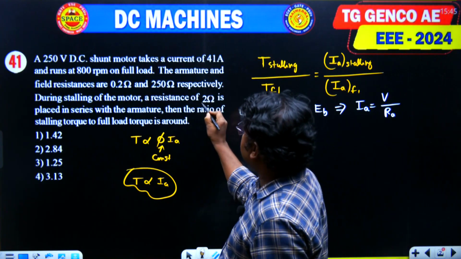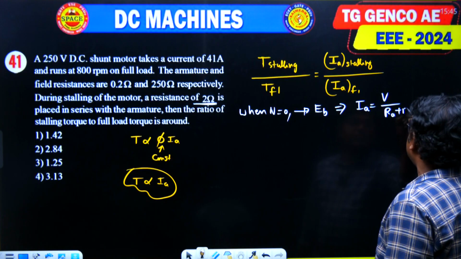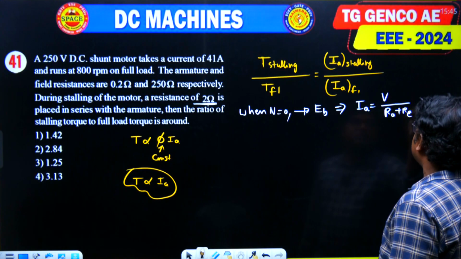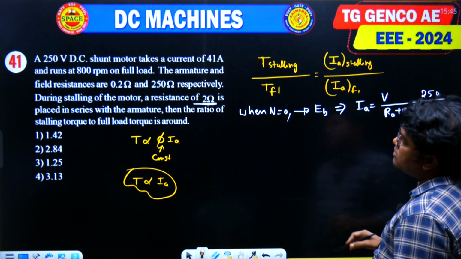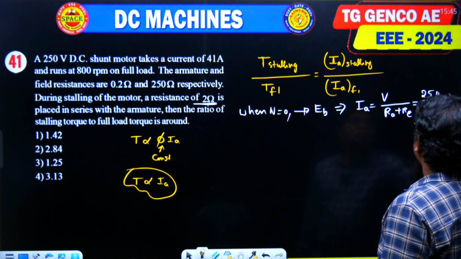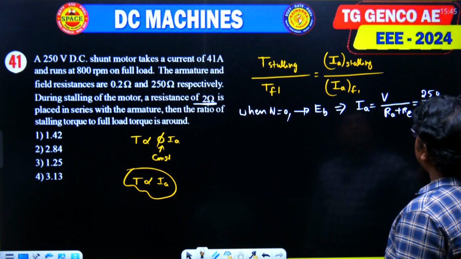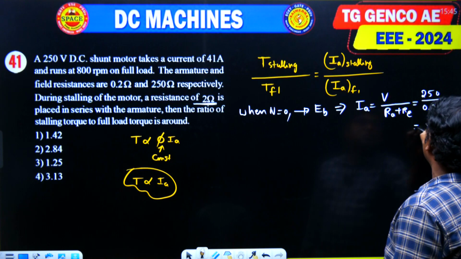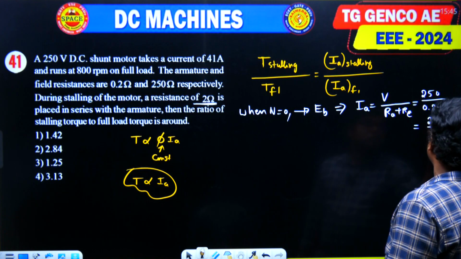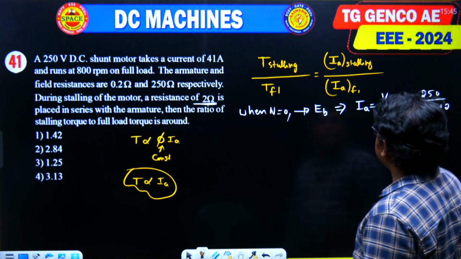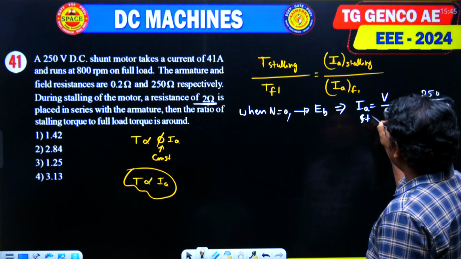But during stalling there is a 2 ohm resistance inserted. Therefore, Ia stalling is equal to V divided by RA plus the external resistance, which is 250 volts divided by 0.2 plus 2 ohms. This value is equal to 250 divided by 2.2. This is the armature current under the stalling condition.